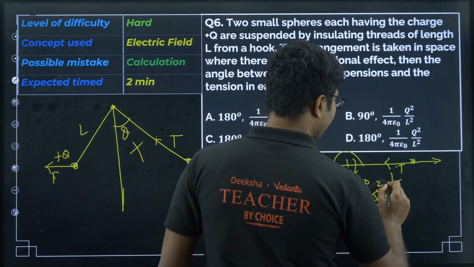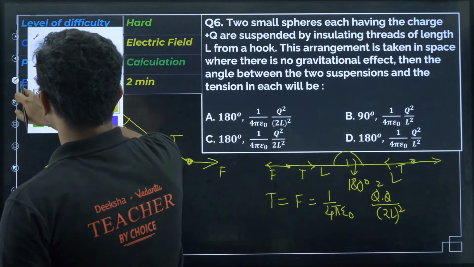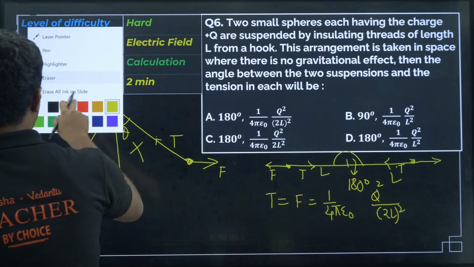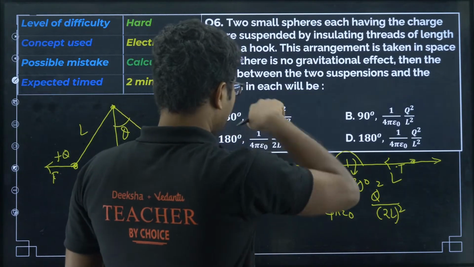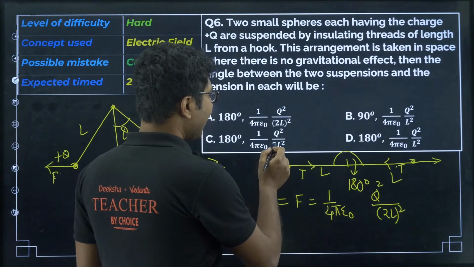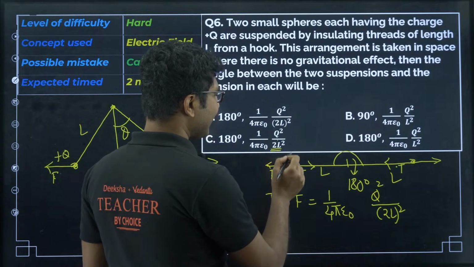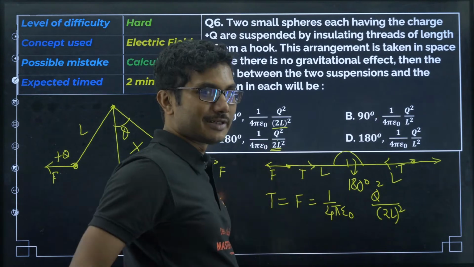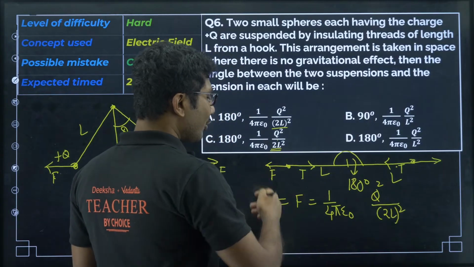So it will be Q square by 2L whole square. So not C. The mistake you made is taking 2L square. There is a trick here: 2L square is given in one option and 2L whole square in another. You have to be careful, don't rush.